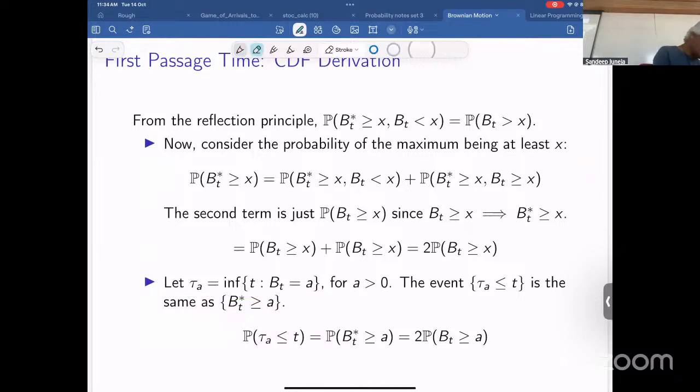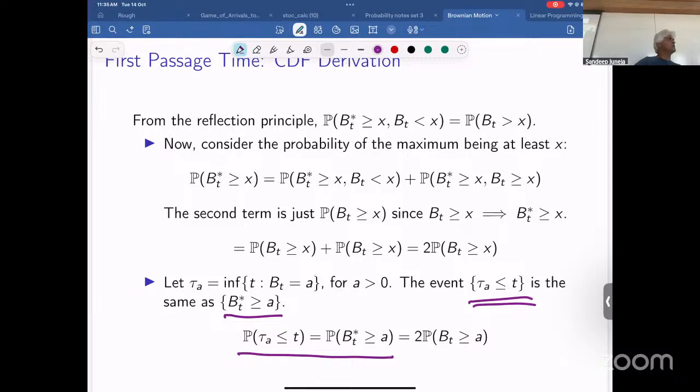But the important observation is as follows. The event tau A is less than or equal to T, the fact that you hit A before time T, is the same as the event that the maximum process at time T is more than A. If you hit A before time T, then your maximum must be at least A. So these two are identical events.